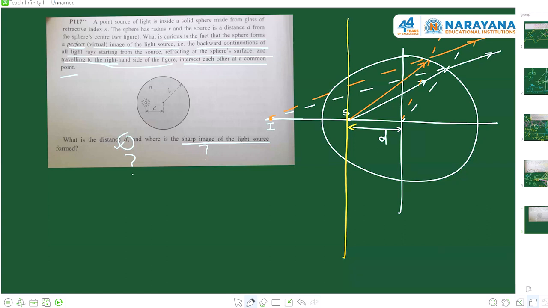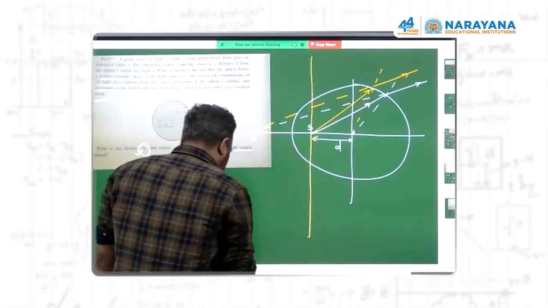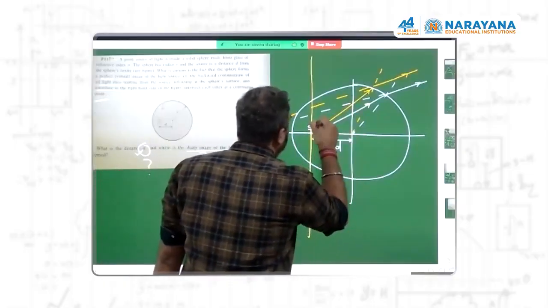Indirectly, what he wants to say is these rays which are coming out outwards from all the points of the sphere are coming out only when they are traveling rightwards. That point is quite important because that helps me in writing one equation.